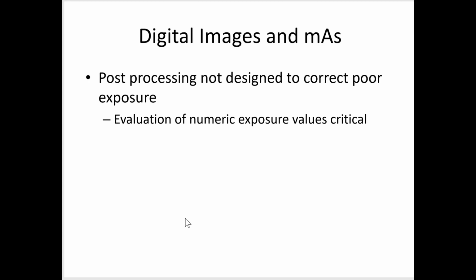I don't know how much you remember from exposure class, but we know that we can play with the images after we have them on the monitor, and we call that post-processing, but that has its limitations. If you have horribly overexposed an image, there's not much correction that can be done with it. There is a point after which your image is going to look very grayed out. It's too dark, and the radiologist is not going to be able to adjust that so that they can see what they need.